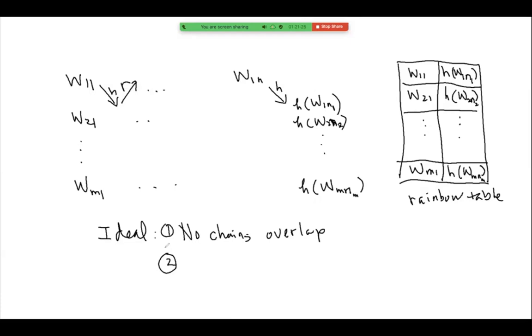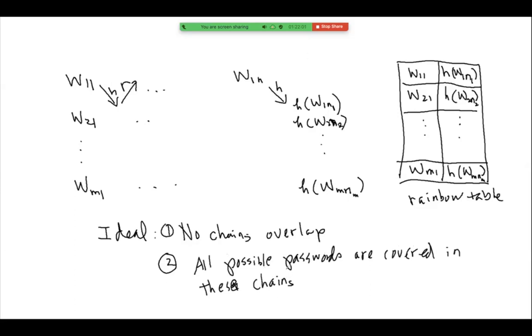So that means all the intermediate, all possible passwords are covered in these chains.